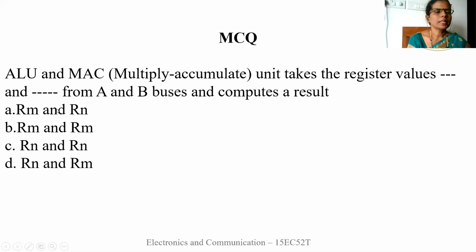No. So option A is wrong. Option B, RM and RM both side? No. So A has different source operand register and B has different source operand register. Option B is wrong. Option C, both are RN? No, wrong. So option D is right. So RN is coming from A and RM is coming from B. So the right option is option D.